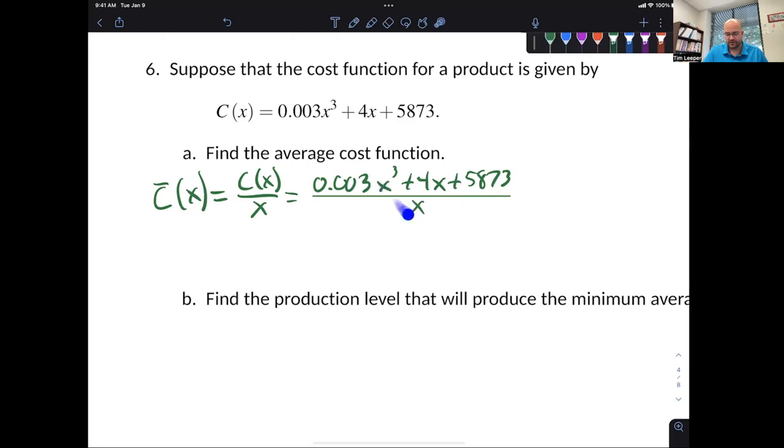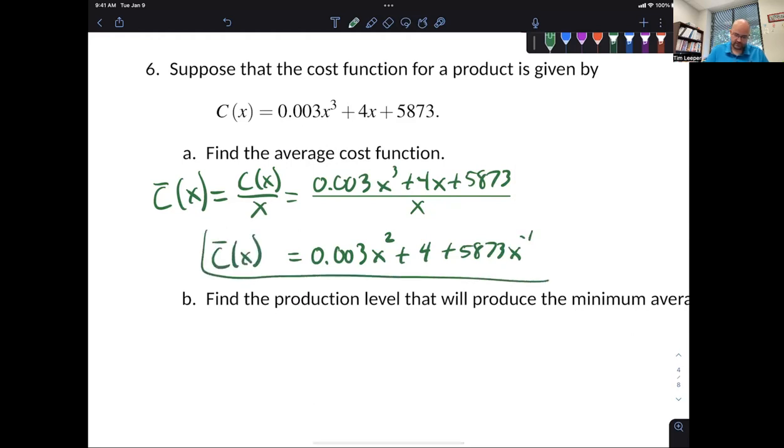Notice that every term can get divided by x, so that gives me 0.003 x squared plus 4 plus 5873 x to the negative 1 power. So there you go. That is C bar of x, the average cost function.